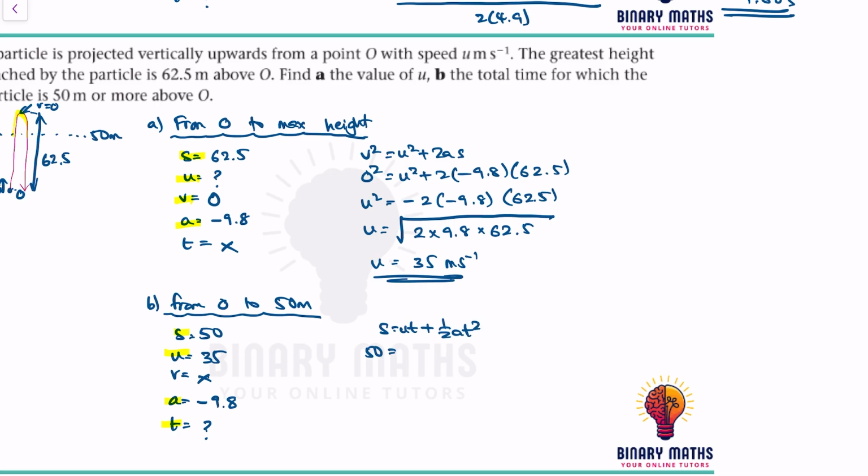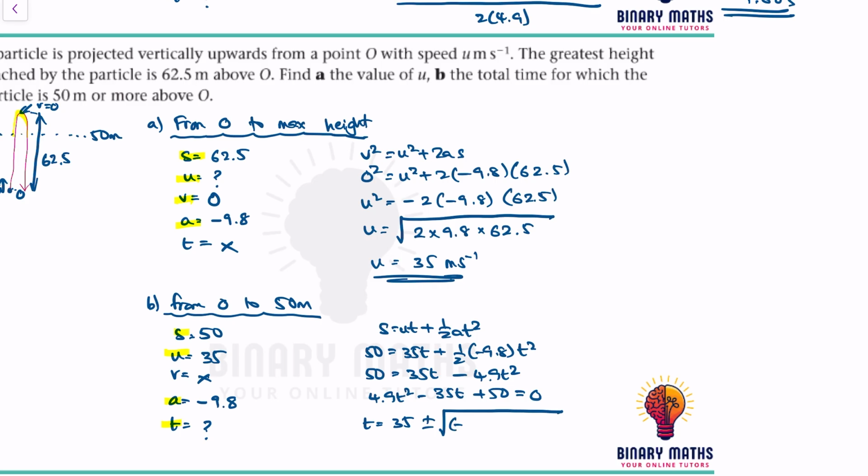50 is equal to 35T plus half times minus 9.8 times T squared. 50 is equal to 35T minus 4.9T squared. Take everything to the left-hand side. 4.9T squared minus 35T plus 50 is equal to 0. T using the quadratic formula is 35 plus or minus the square root of 35 squared minus 4 times 4.9 times 50, all over 2 times 4.9.